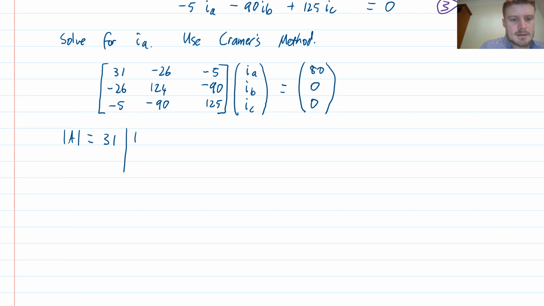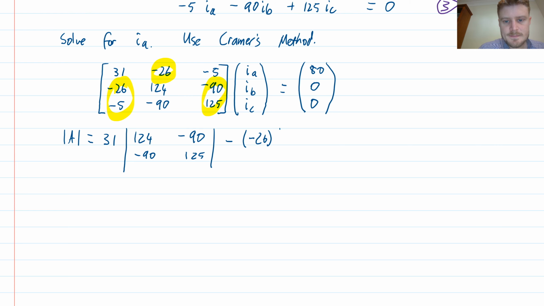That will be the determinant of 124, minus 90, minus 90, and 125. That is subtracted by the determinant of this element with a matrix made up of the other pieces. So that will be minus 26 times the determinant of negative 26, negative 90, negative 5, and 125.